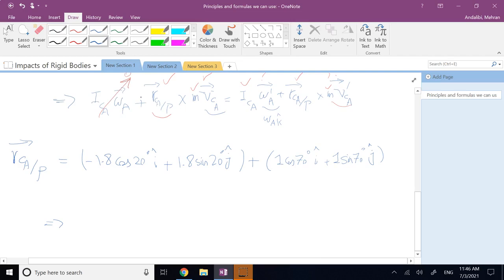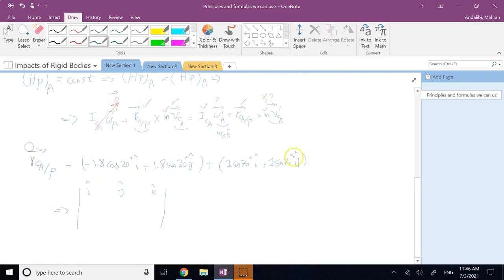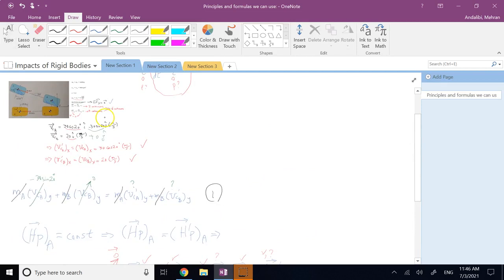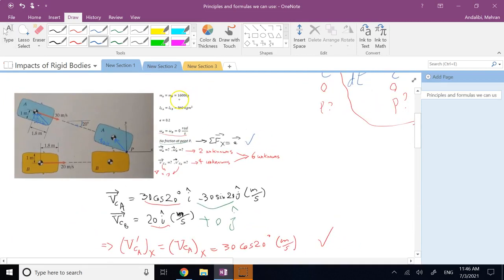So what you have here is the R cross MV vector. It is going to be I, J, and K. Your first vector is basically this guy. The second vector is M, V, CA, and remember M is 1600, so you have to multiply it by this number.